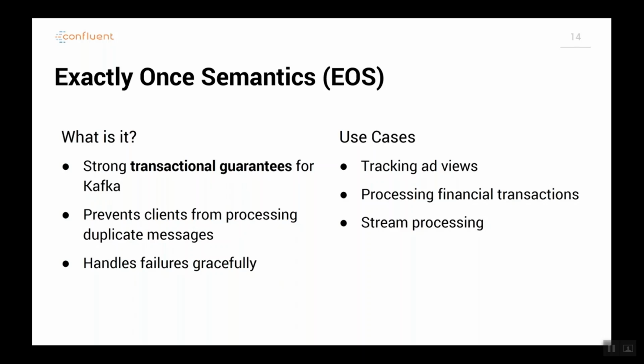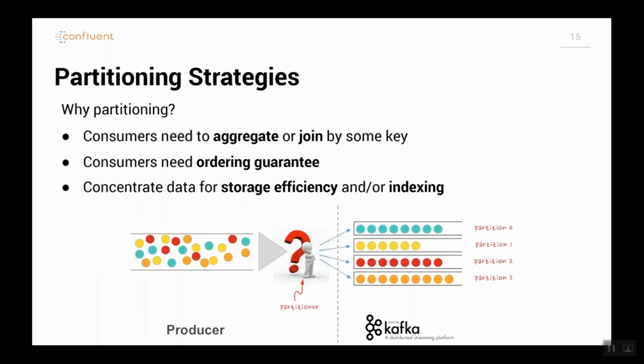Those two operations, updating the consumer offset and storing the results of your message processing, both happen in the same transaction atomically. So it's a really powerful feature. Not every use case necessarily needs it, but there are definitely many use cases that can benefit from this capability. And this again gives you framework level support for this exactly once functionality.